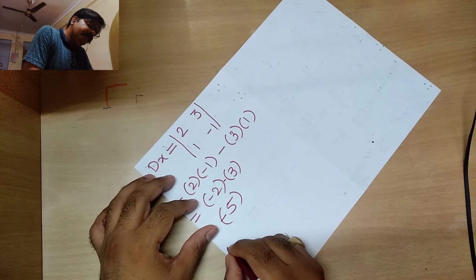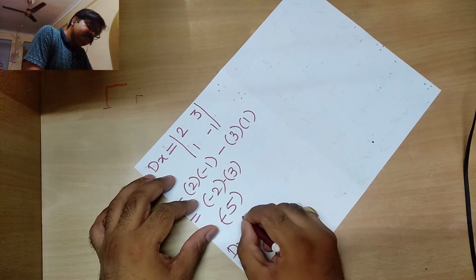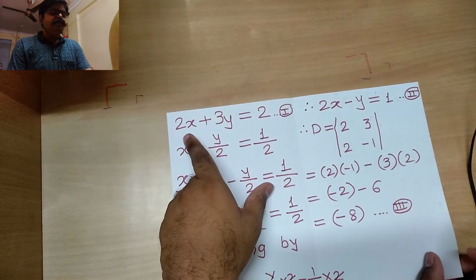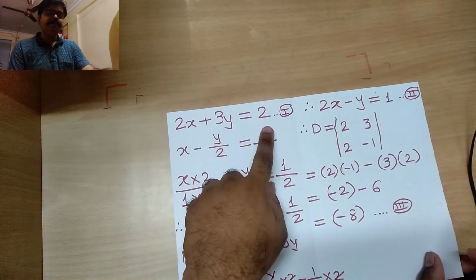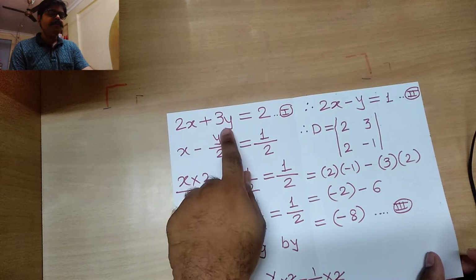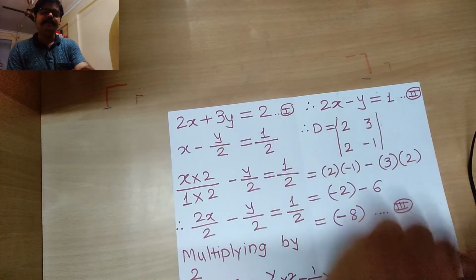Therefore while calculating dy, this 2 will be replacing this 3y. Therefore 2 2 and 2 minus 1.